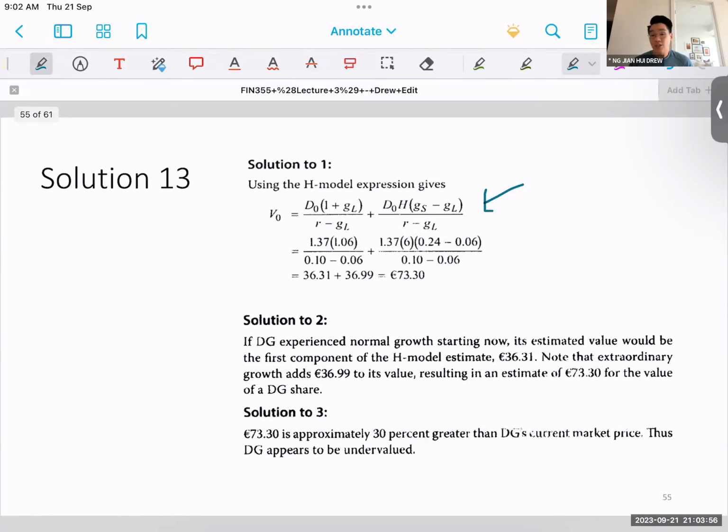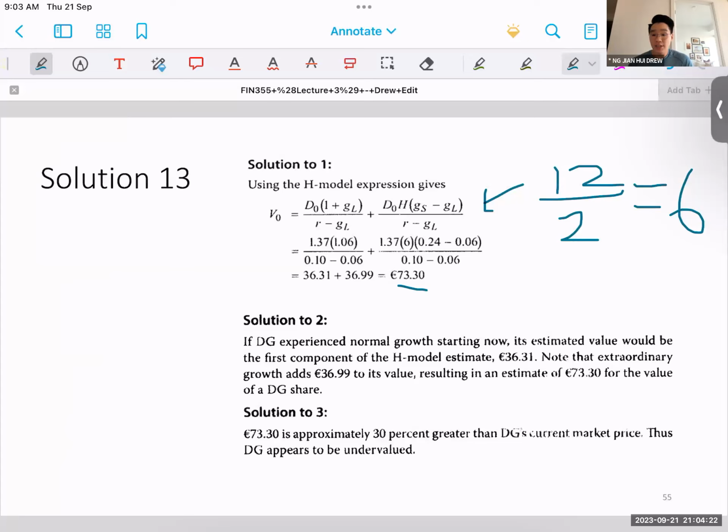And the H, remember, is half of the total supernormal growth, right? Which is 12 divided by 2. So 12 divided by 2, sorry, that's 6. That's how we get the 6 here, right? H of 6. And we get this. Okay.